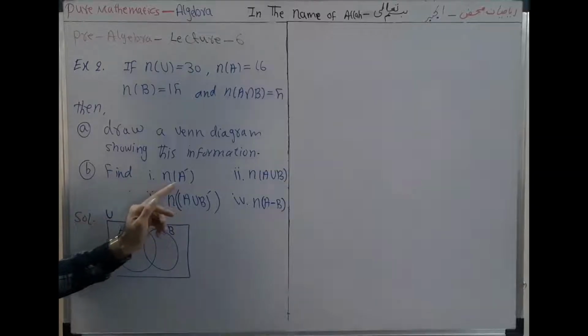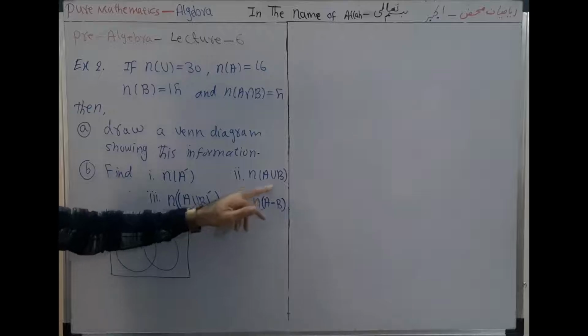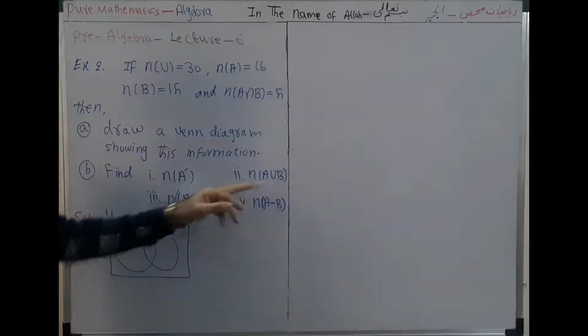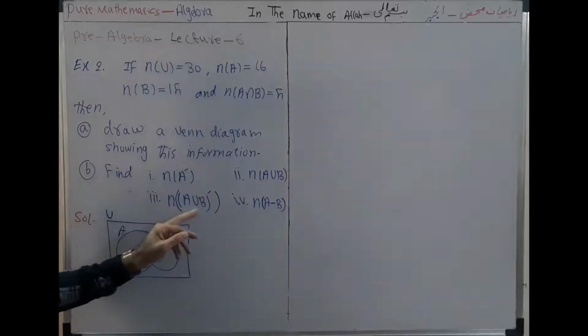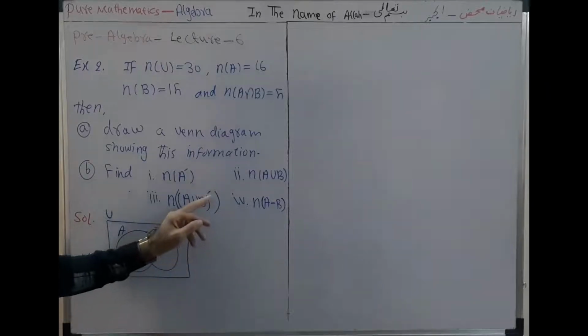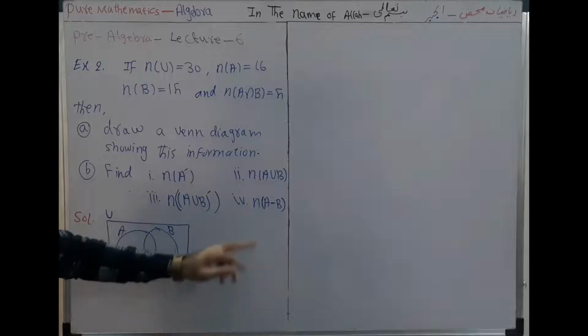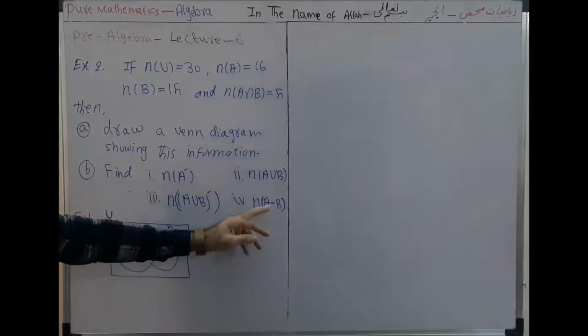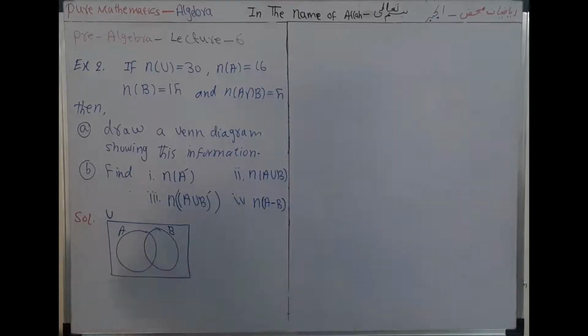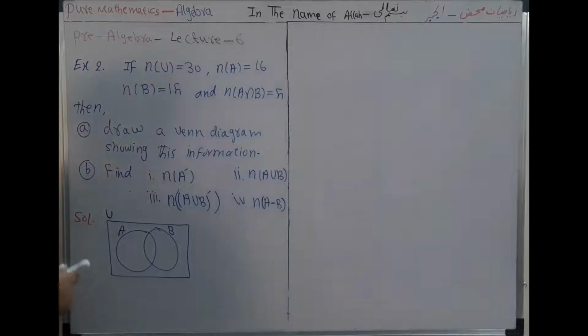Find: n of A complement, n of A union B, n of A union B complement, and n of A minus B, or n of A difference B.